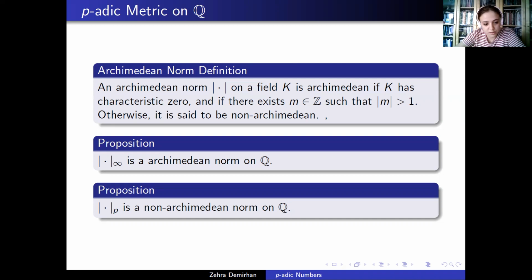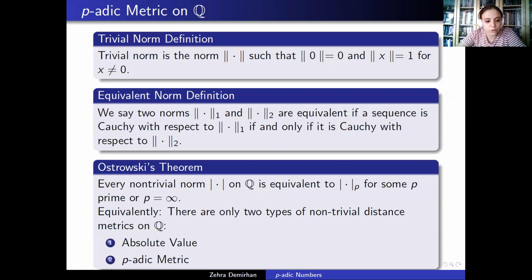Here are two propositions. One is that the usual absolute value is an Archimedean norm on rational numbers, and the p-adic norm is a non-Archimedean norm on rationals. These two propositions are easy to check, so I would like to move on with Ostrowski's theorem. But of course, before stating Ostrowski's theorem, I would like to give you two definitions. Let's start with the trivial norm definition.